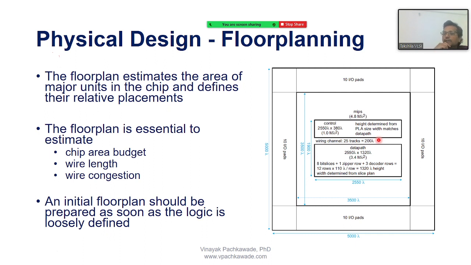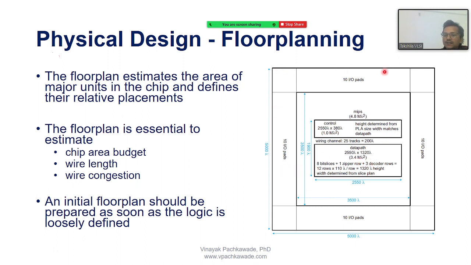So this initial floor planning, when I am using the word planning, helps the designer, especially the physical team, to loosely define their logic, where to place each block. So you see here, this is basically the core area. I will call this section the core area, where all logic will be placed: processor, memory, data bus, control unit, input output interfaces and so on.